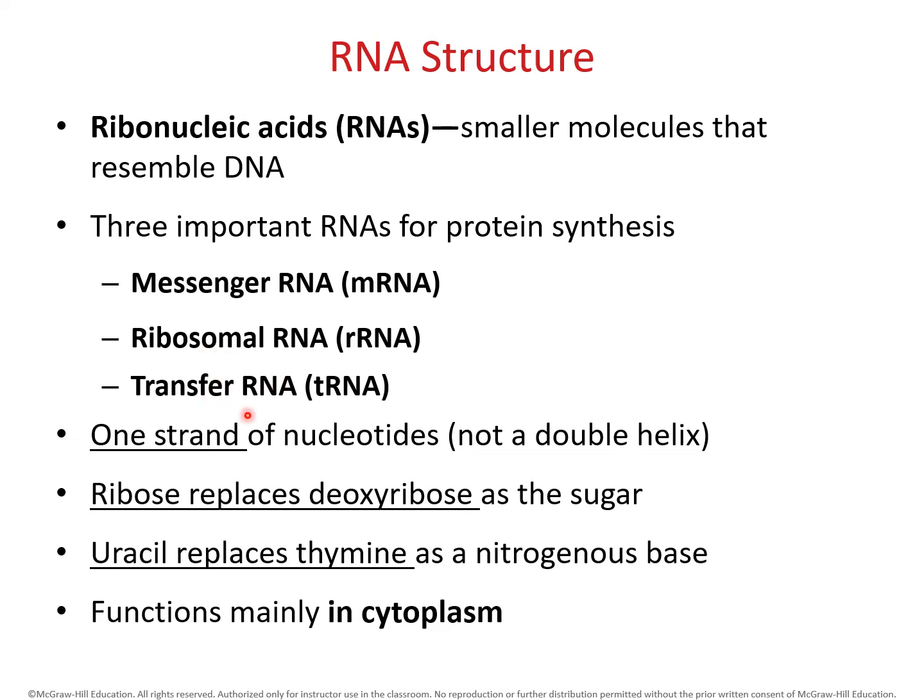And the third type of RNA is called transfer RNA, or tRNA. Transfer RNA is going to play a role in some of the later stages of coding for a protein. Basically, we're going to see that transfer RNA on one end of the molecule is going to be attached to an amino acid. And then the other end of that transfer RNA is going to be associating at the ribosomes.